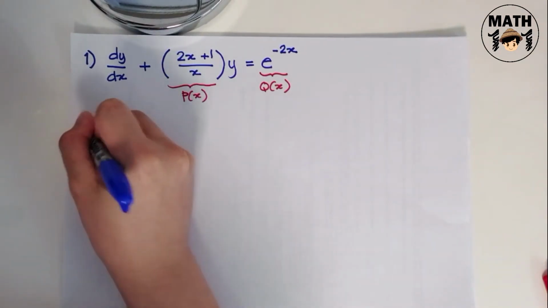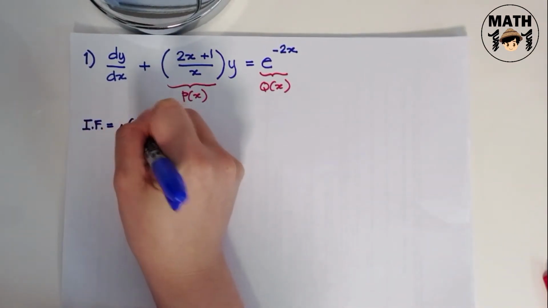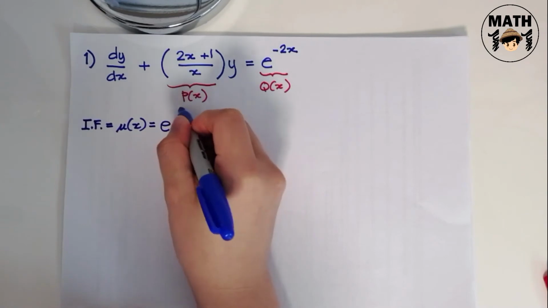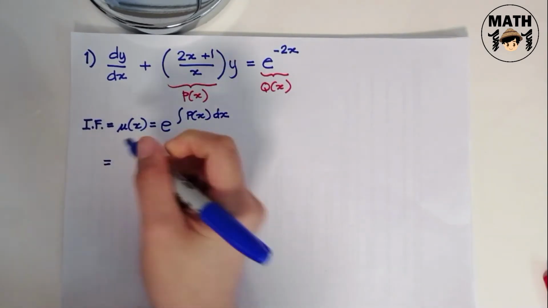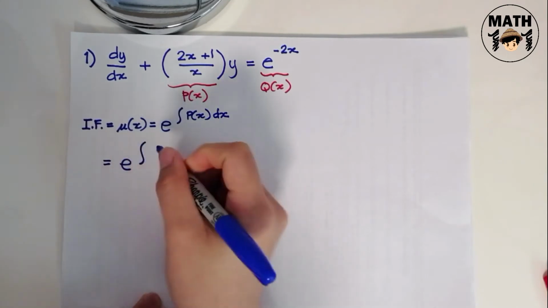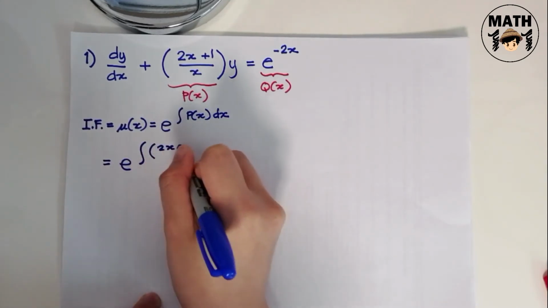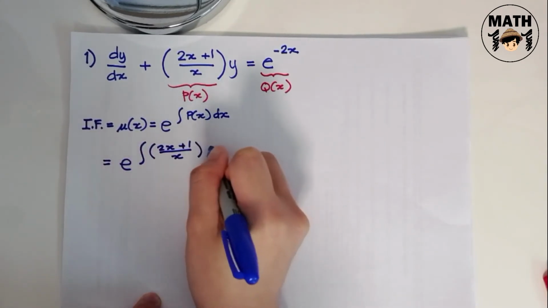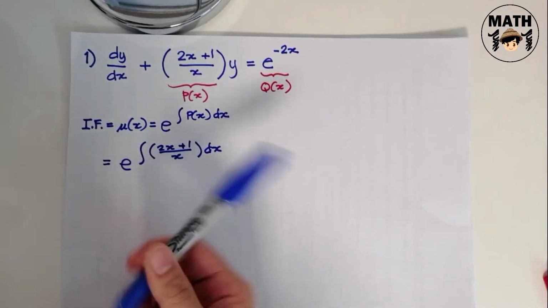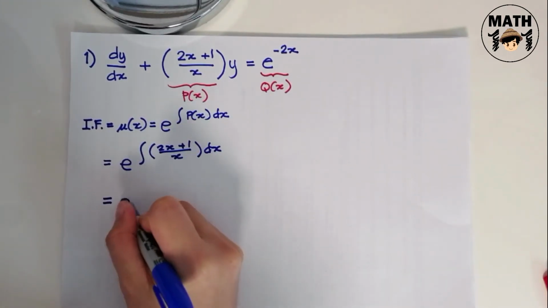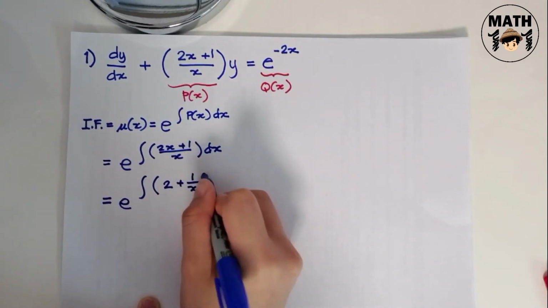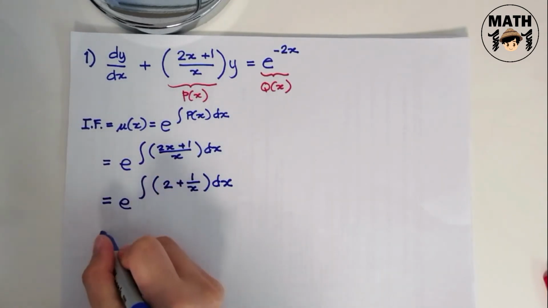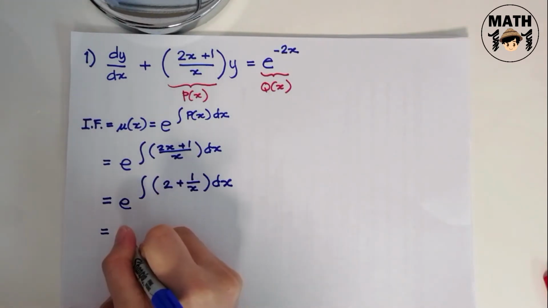The integrating factor mu is equal to e raised to the integral of p of x dx. And this is equal to e raised to the integral of the quantity 2x plus 1 over x dx. Let's simplify this by dividing the whole expression by x: 2 plus 1 over x dx. Then taking the integral of this, let's copy e.